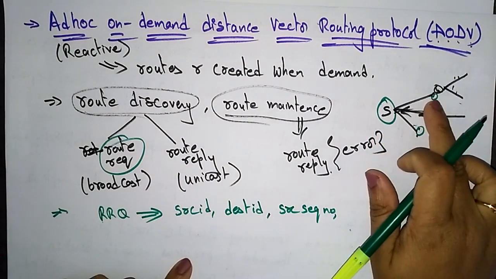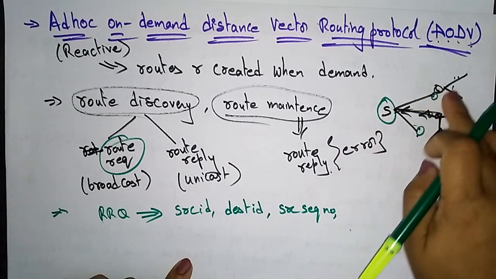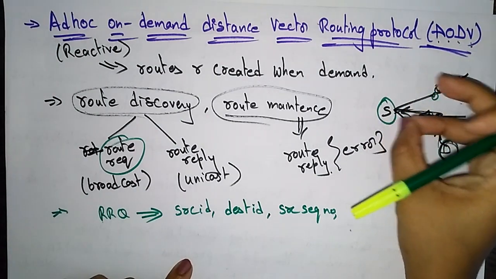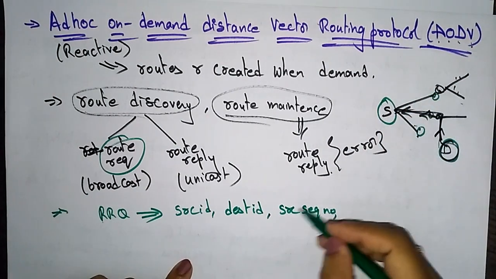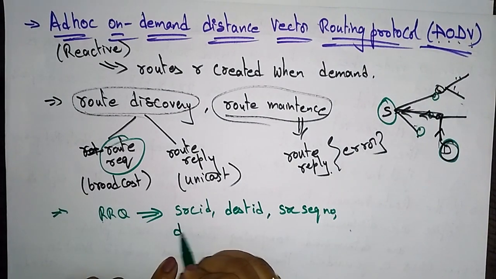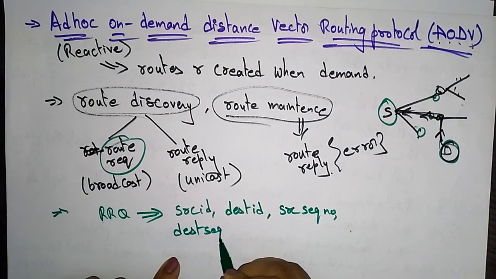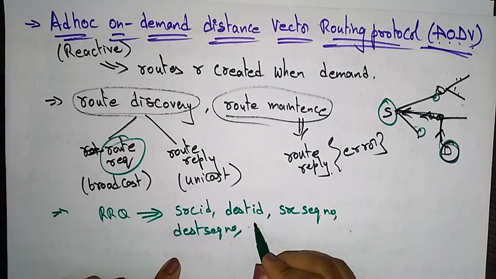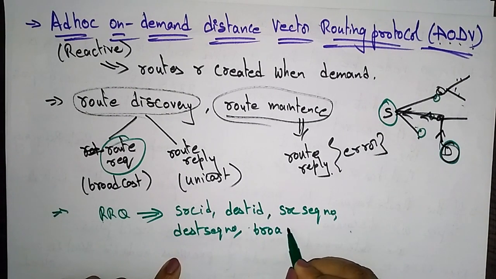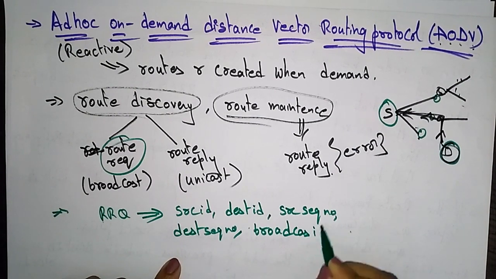The sequence number of the source will be changing, so it has to give the source sequence number as well as the destination sequence number, and you need to give the broadcast ID also.